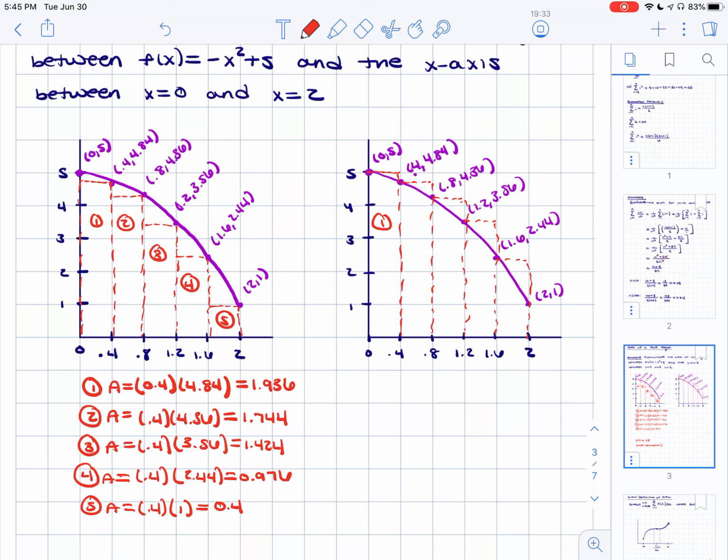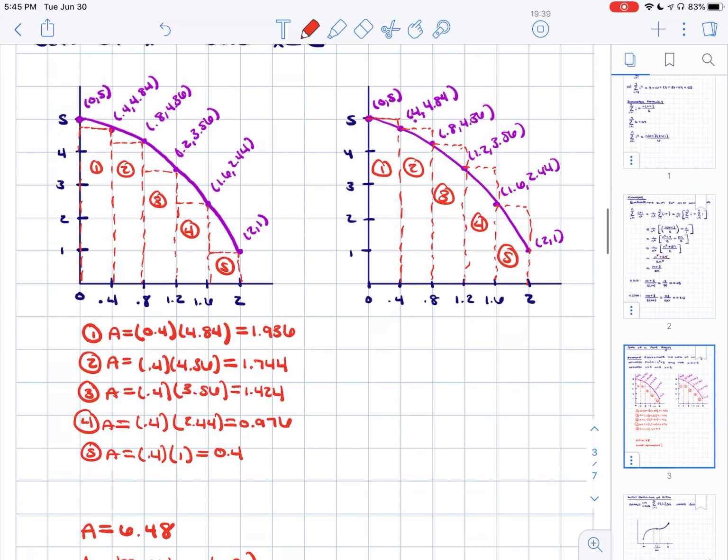I'm going to call these again 1, 2, 3, 4, and 5. Let's find all of our areas here. Number 1, we would have 0.4 times the height of this rectangle, which is 5, using that point right there. So 0.4 times 5 would give us an area of 2.